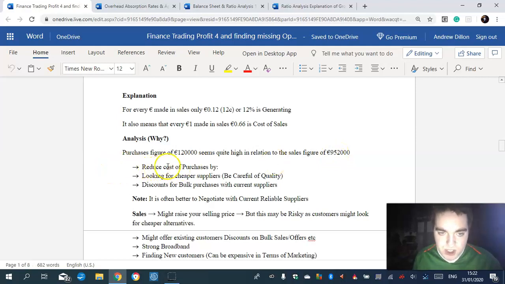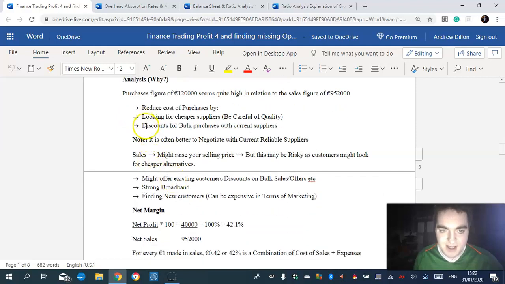You can reduce costs by looking for cheaper suppliers, but always be very careful of the quality of the products. And then discounts for bulk purchases with current suppliers. There's a note here which says it is often better to negotiate with current reliable suppliers.